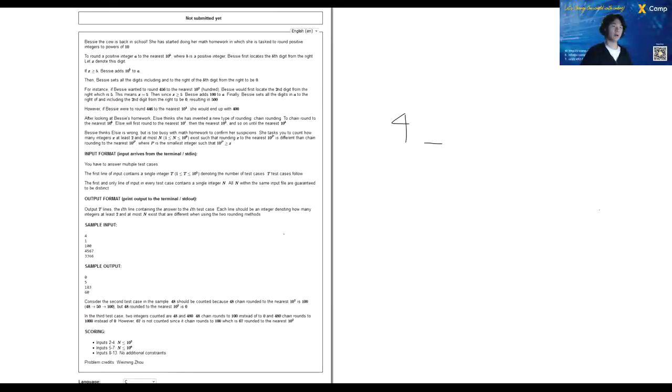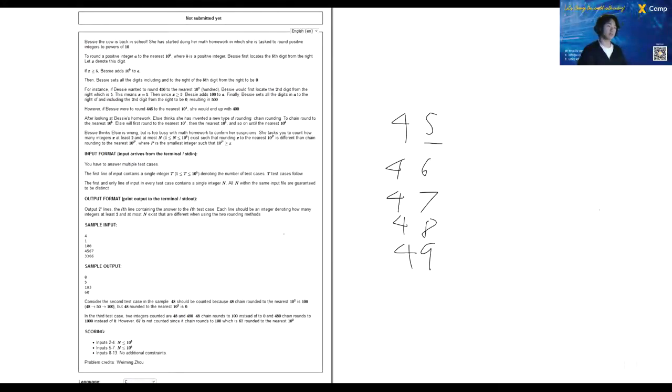So if we have 45, 46, 47, 48, 49, these numbers are supposed to round down to 0, but with chain rounding, the ones digit first rounds up, it becomes 50, and the 50 rounds up to 100. So from 10 to 100, there are 5 numbers, the 5 I listed here. That's the answer for numbers less than 100.